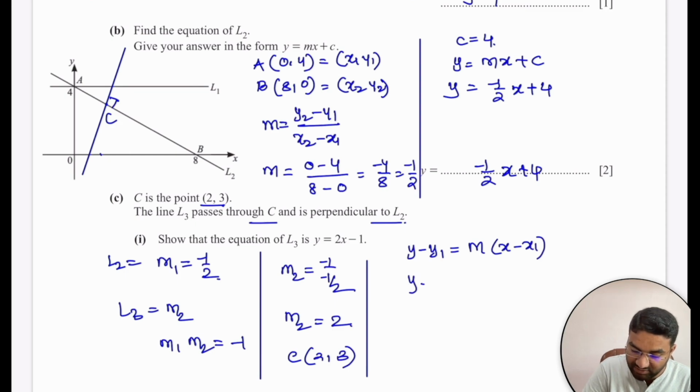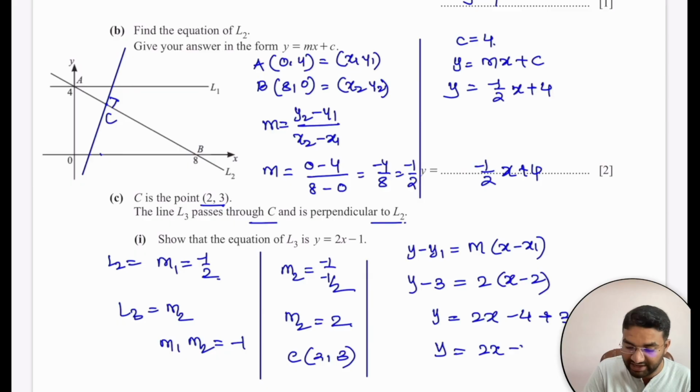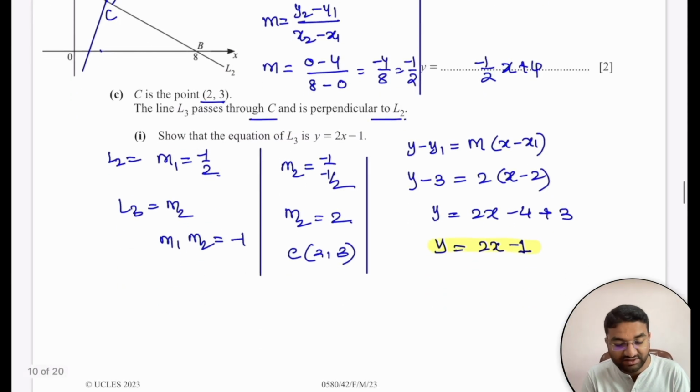So y minus 3 is equal to 2 times x minus 2. And you have to simplify this one. y is equal to 2x minus 4 plus 3. y is equal to 2x minus 1. This is the equation of the line that you have to show here. Done. This is a 3 mark question and you have to write these many steps here.